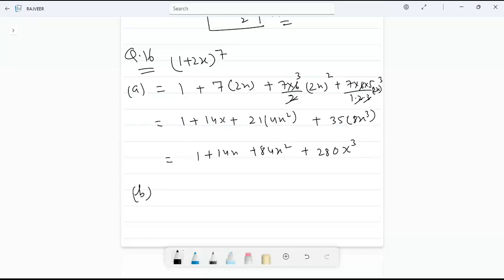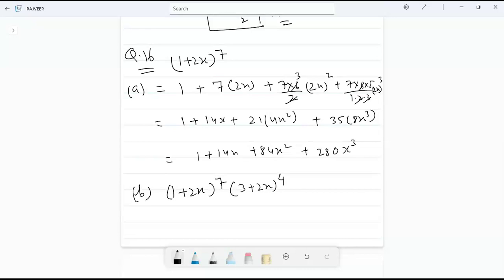Hence determine the coefficient of x in the expansion of 1 plus 2x to the power 7 and 3 plus 2x to the power 4.